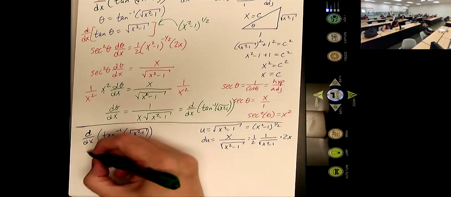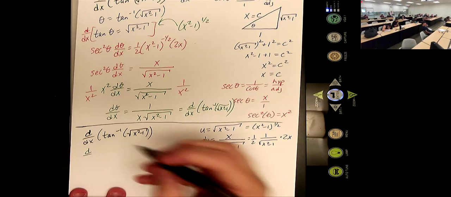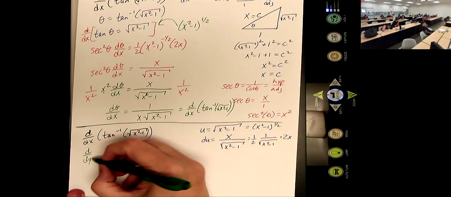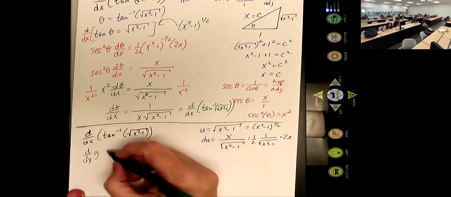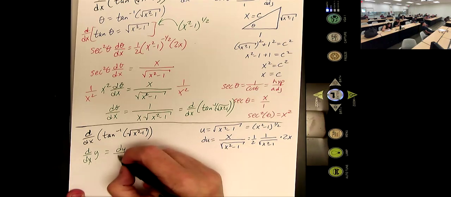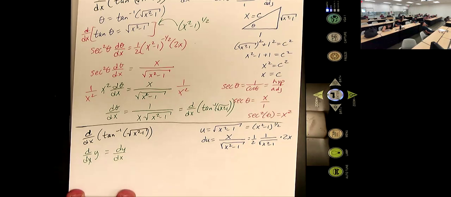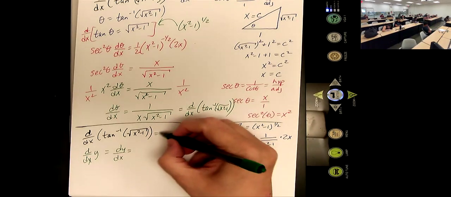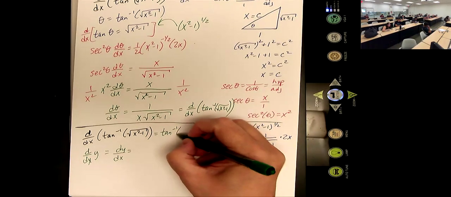But now we're doing d dx of y. So dy dx equals, I rewrote this as tangent inverse of u.